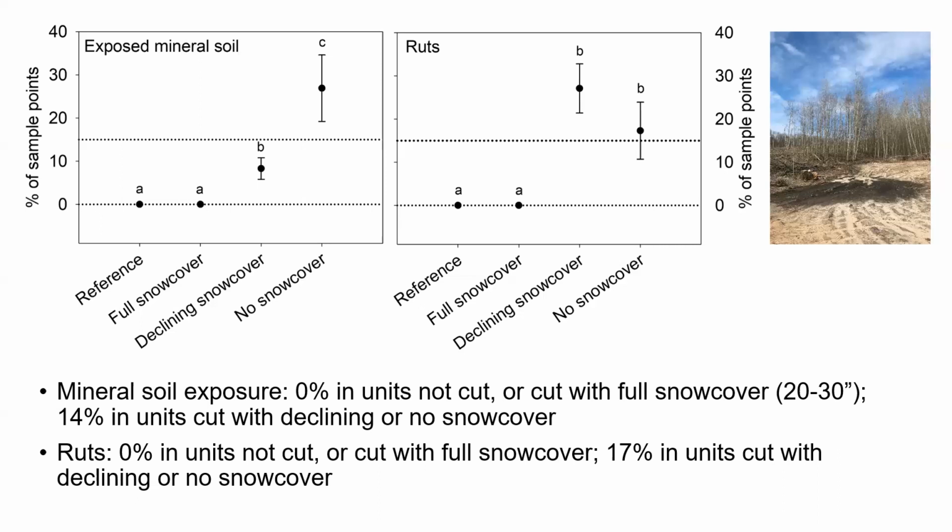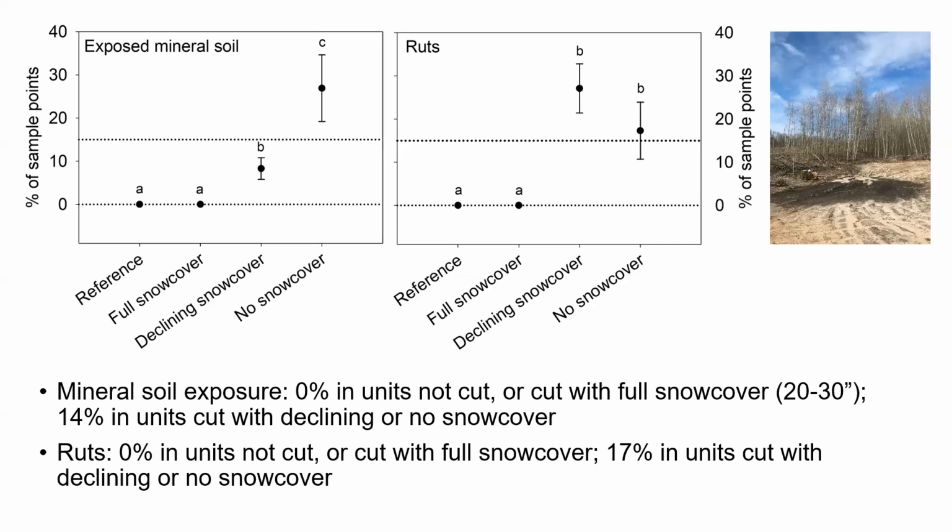Maybe a different way to say it is usually operators and timber sale prescriptions can keep soil disturbance below 15% of the harvest area. And the particular season year that this experiment was cut, it was a heavier and denser, thicker snowpack than usual.